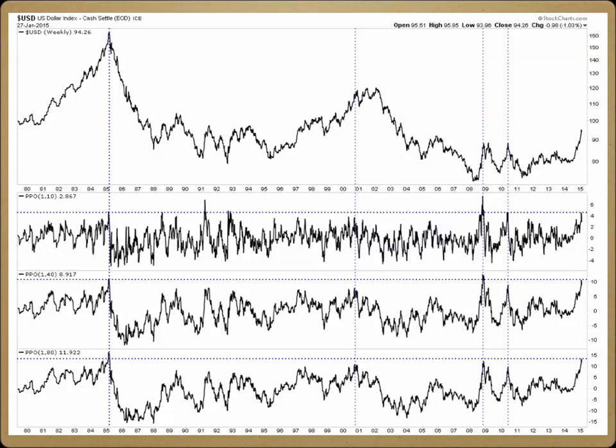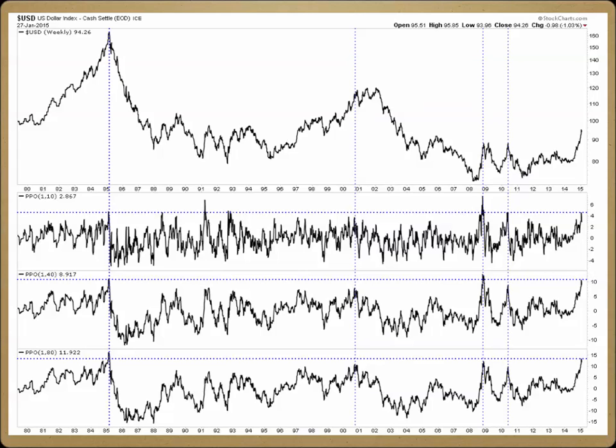But in the case of the dollar, looking at these oscillators showing how oversold or overbought the market is, essentially the dollar right now is at its third most overbought in history. That's since 1971. The other two times were at its peak in very early '85, or was it the end of '84? And then the second time was at the end of 2008.